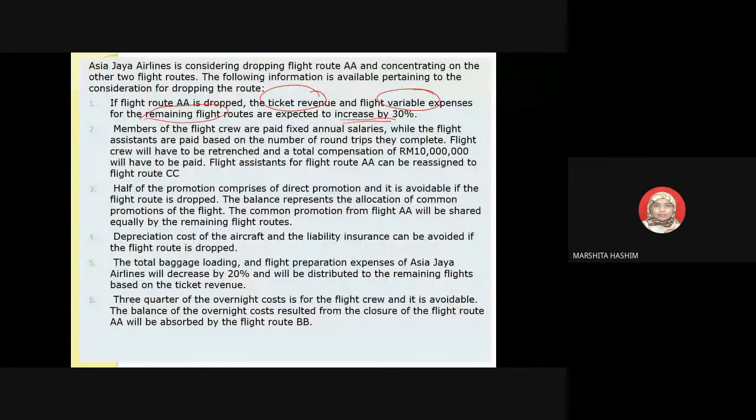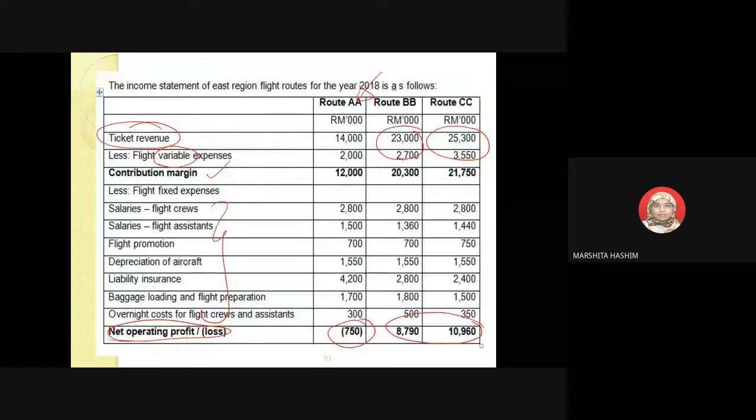Number two, members of the flight crew are paid fixed annual salary, while the flight assistant is paid based on number of round trips they complete. Okay, you have flight crew, flight assistant. If you look at this table, flight crew is annual fixed salary, flight assistant based on destination.